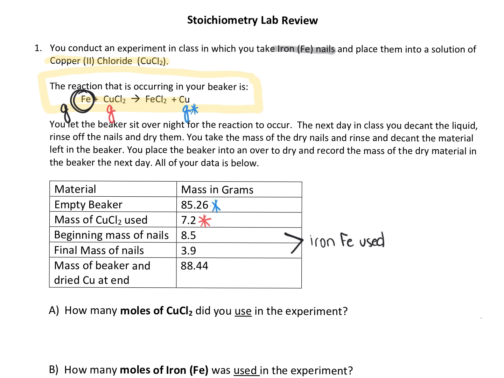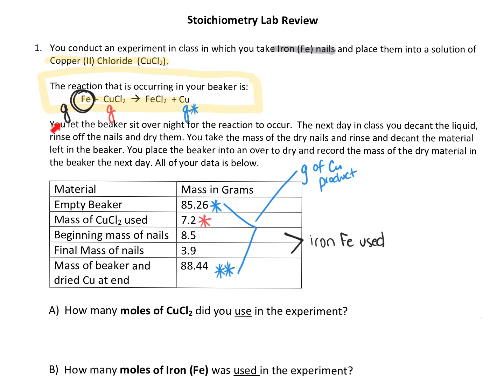So we're going to need our empty beaker and our mass with the copper at the end. We're going to use those two to find our grams of copper product that we made. Okay, so there's a lot of information that we need to process when we look at a chemical reaction like this.